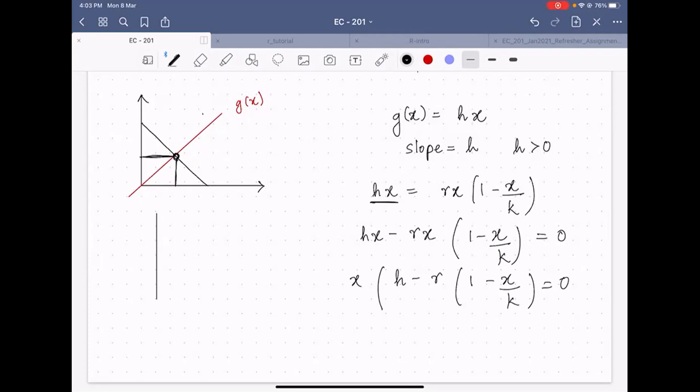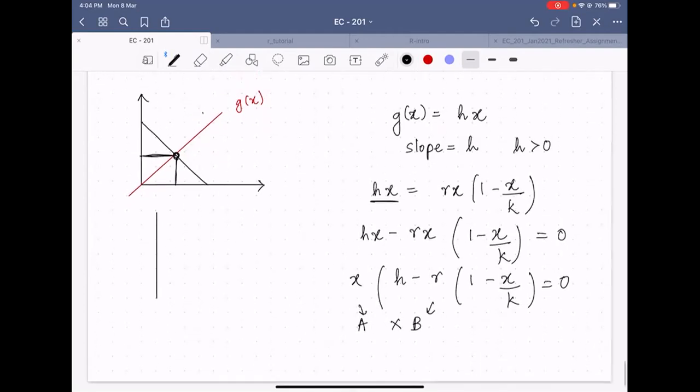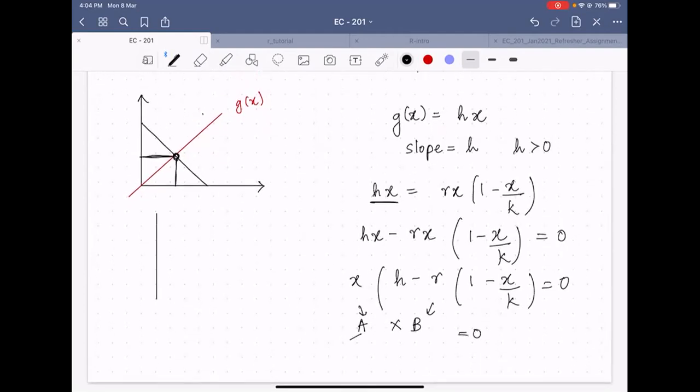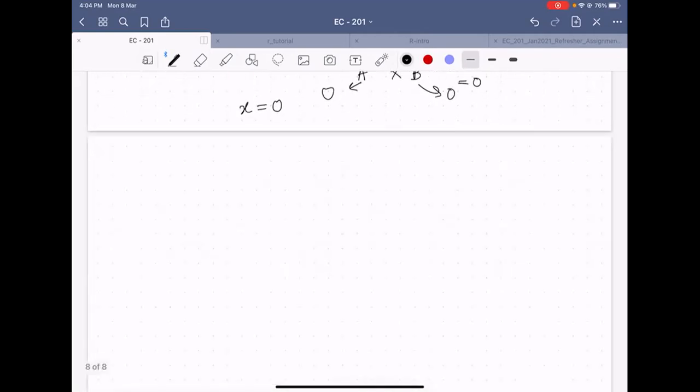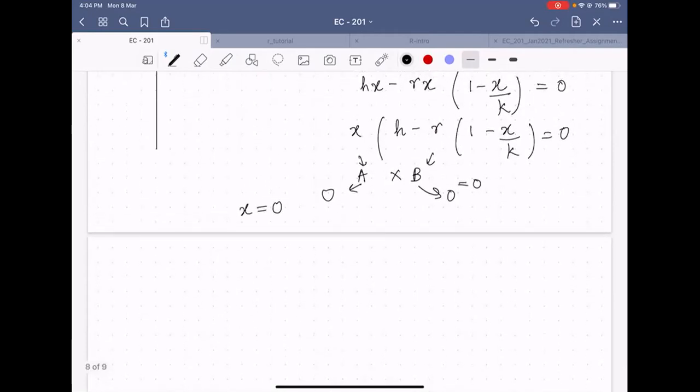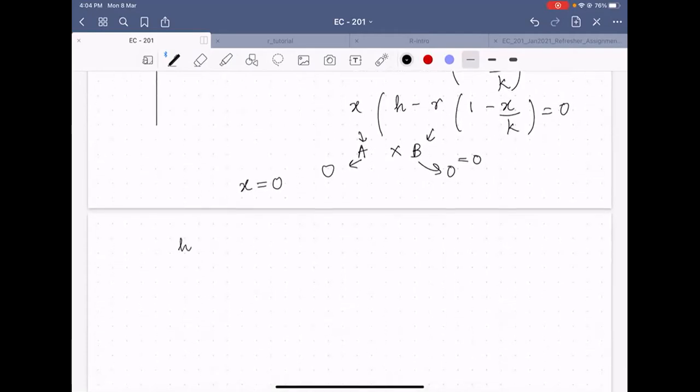So again, we do the same thing. We know that there is one a and there is one b, and when we multiply these two things, this gives us 0. That means either a is 0 or b is 0 or both are 0. Okay. So one of the solutions is that x is equal to 0. Now I do b equals 0, which is h minus r times 1 minus x by k equals 0.